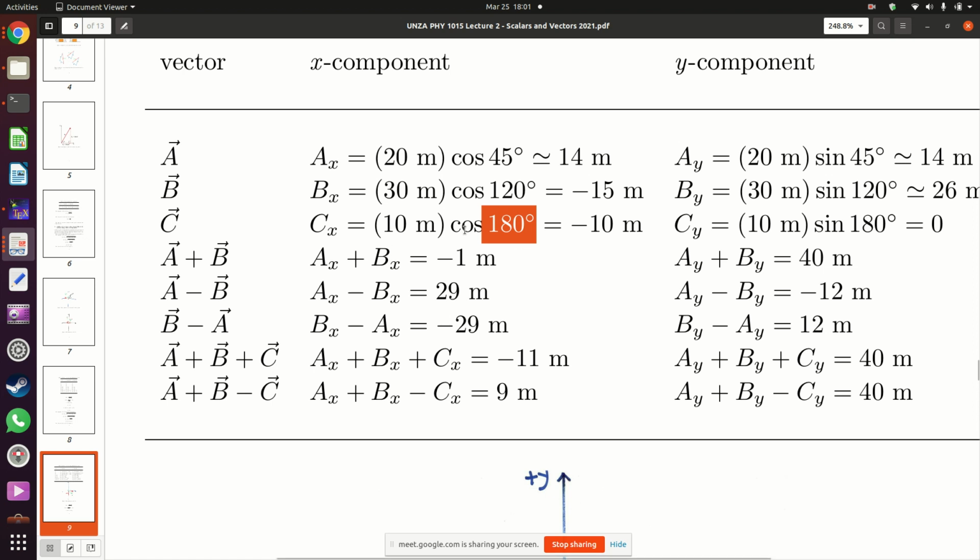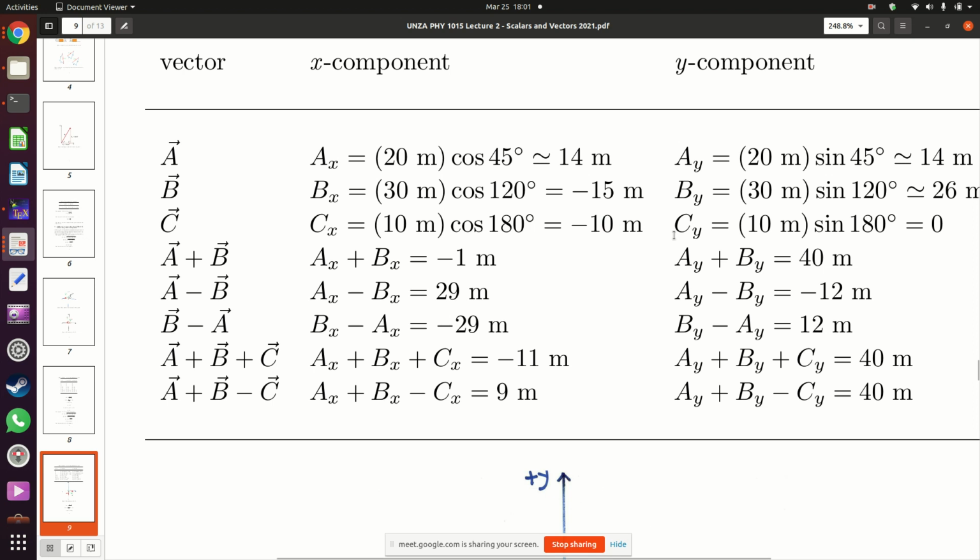So 10 meters multiplied by cos 180 degrees gives you minus 10 meters. So the minus is telling you that the x component of this vector is pointing along the negative x-axis.